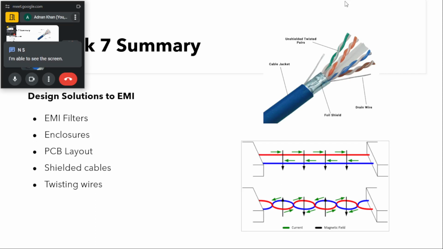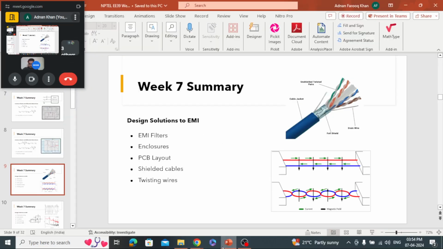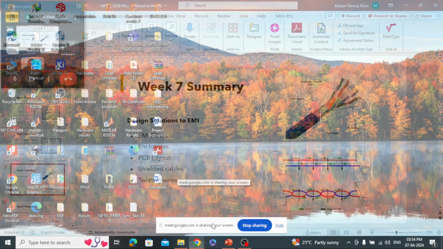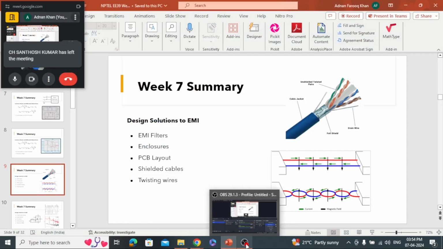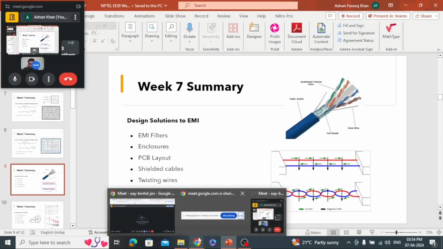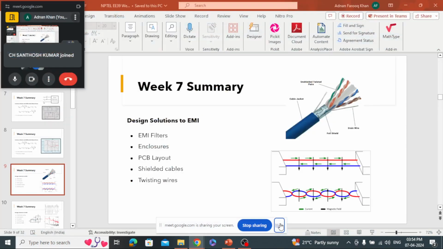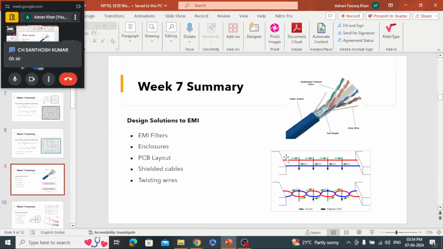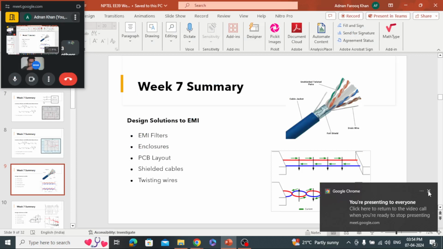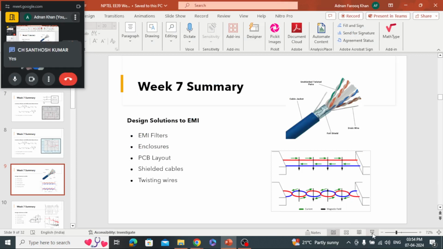Yes. Just a minute. Is the screen visible now? Is the screen visible now? Yeah. So kindly let me know, like, if sometime like the screen is not visible or not.